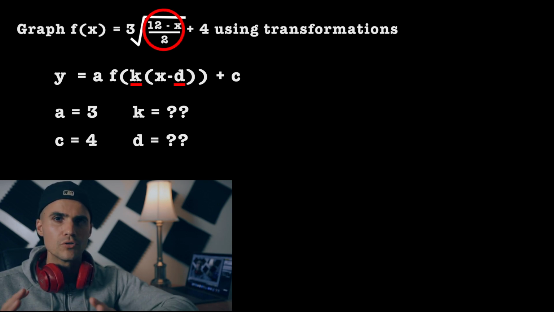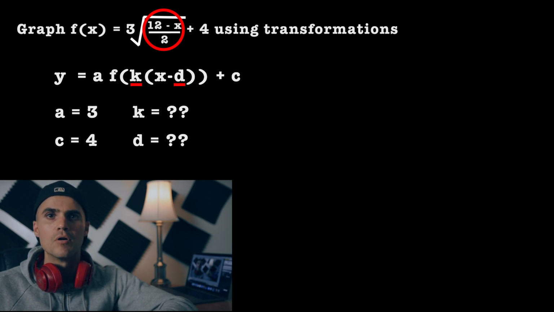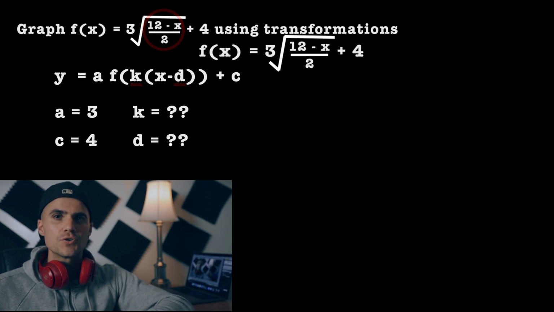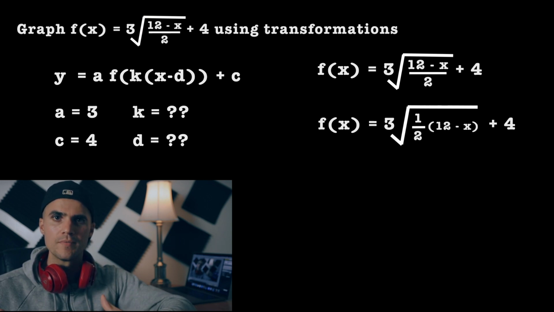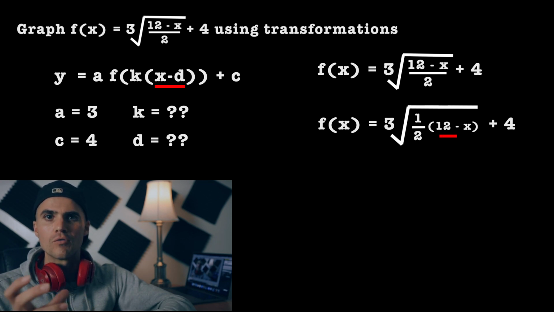We have to manipulate that expression a bit in order to get it in that same form. So first thing I'm going to do is take the 2 at the bottom out, so it's like we're taking out a 1 over 2, and then what's left in brackets is the numerator, 12 minus x. But notice that in the general transformation format, it's x minus d, and in our format, we have 12 minus x.